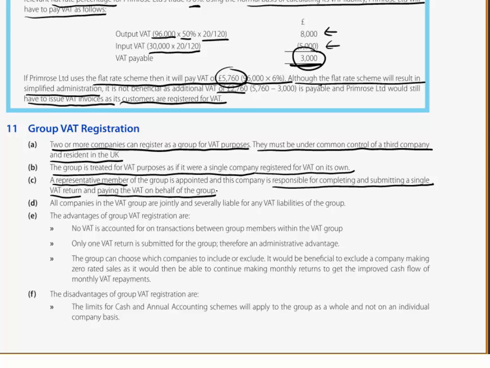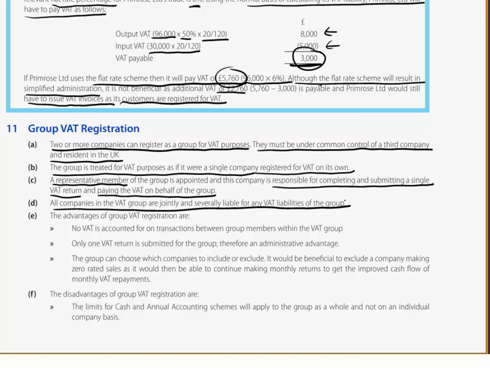Now, although it is the one company, the so-called representative member, that administers the system and submits the VAT return, all companies in the VAT group are jointly and severally liable for any VAT liabilities of the group.